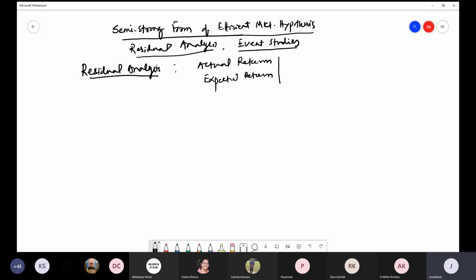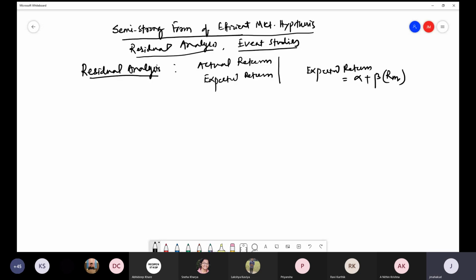Already I told you that your expected return can be calculated using CAPM. Your expected return is basically already calculated. The simple model equation I'm writing is alpha plus beta into Rm, for example.